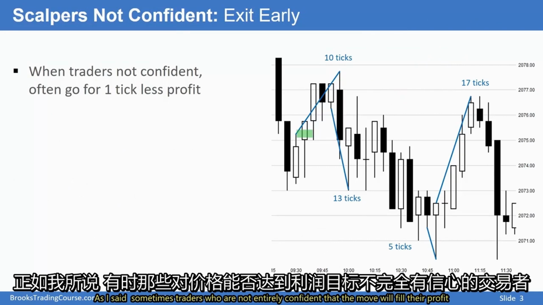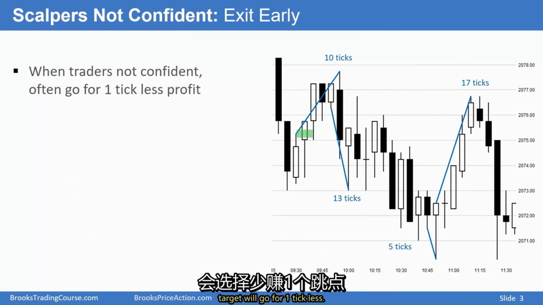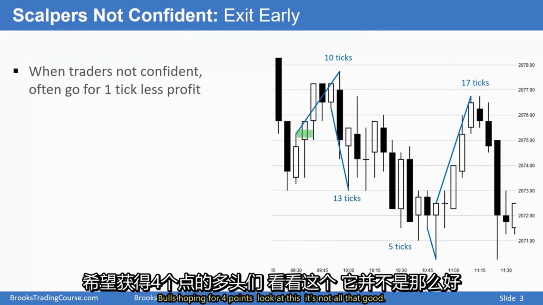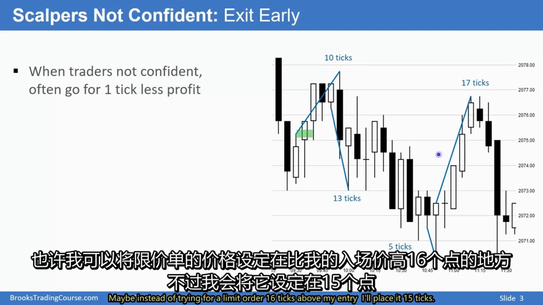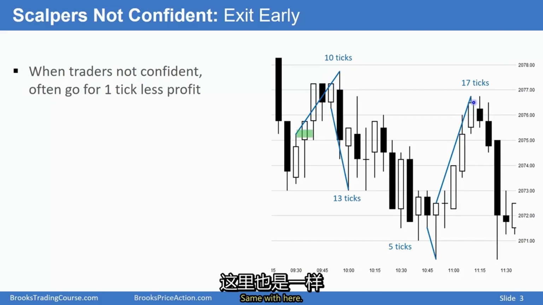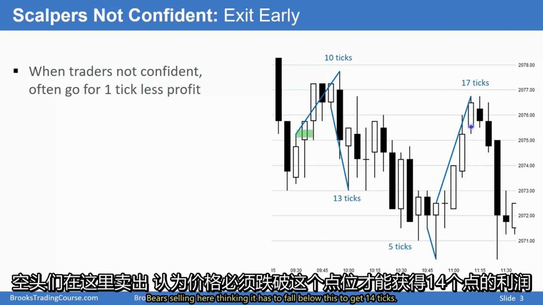As I said, sometimes traders who are not entirely confident that the move will fill their profit target will go for 1 tick less. Bulls hoping for 4 points, look at this, say it's not all that good. Maybe instead of trying for a limit order 16 ticks above my entry, I'll place it 15 ticks. Same with here.